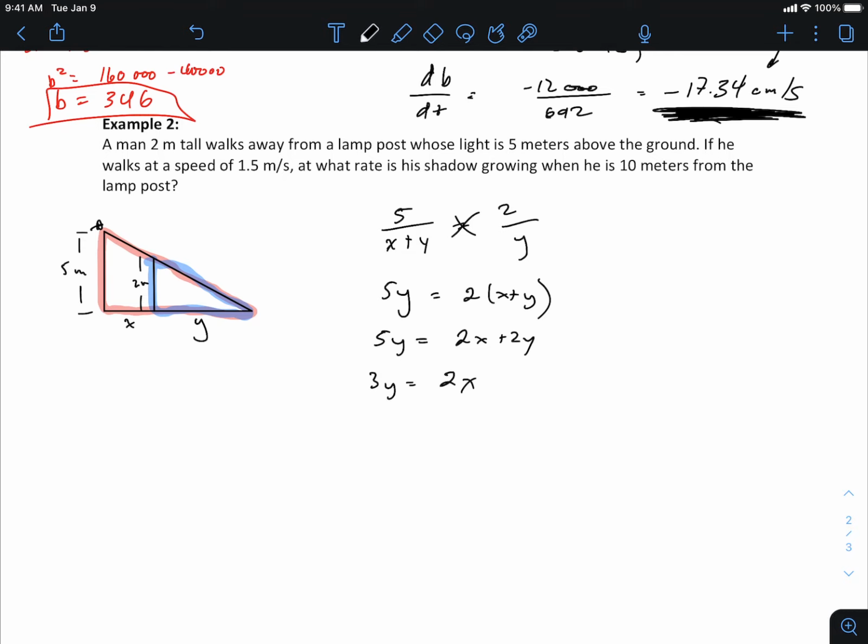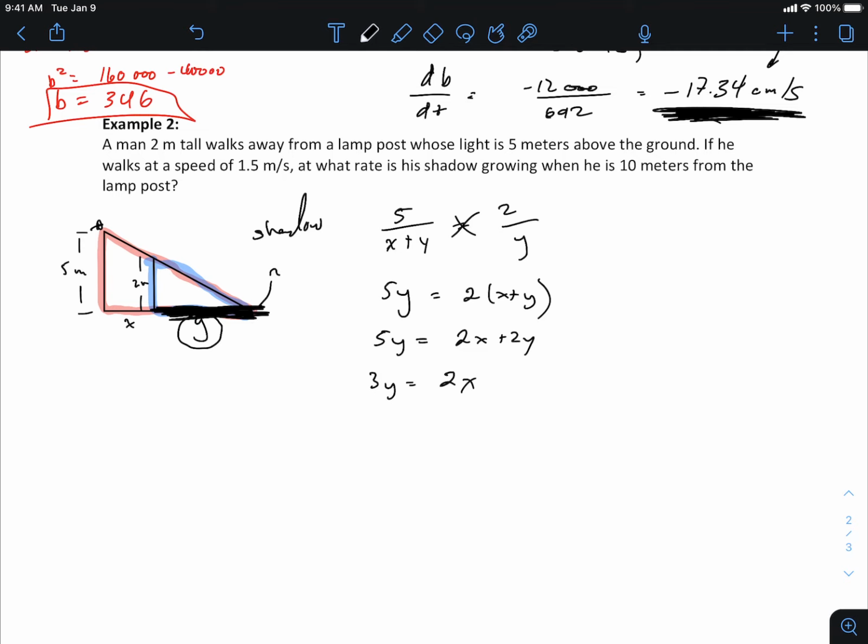Now, if we are interested in the rate, you'll notice here y would be the man's shadow. It's being cast onto the ground here. So y is his shadow. The rate at which it grows would be dy dx, or sorry, dy dt.